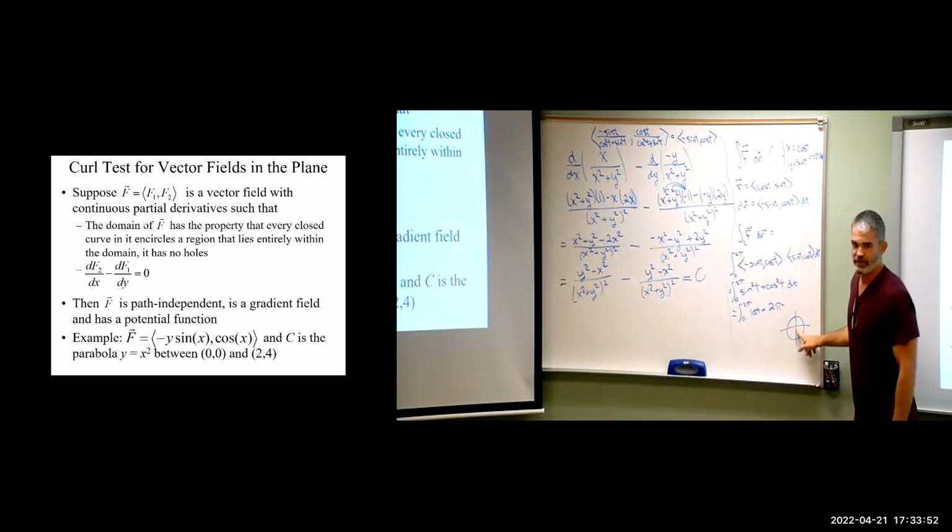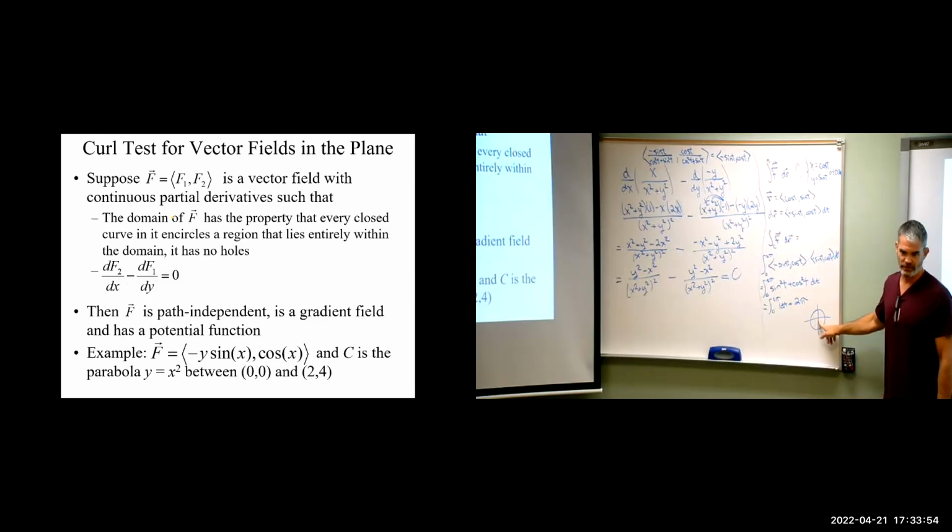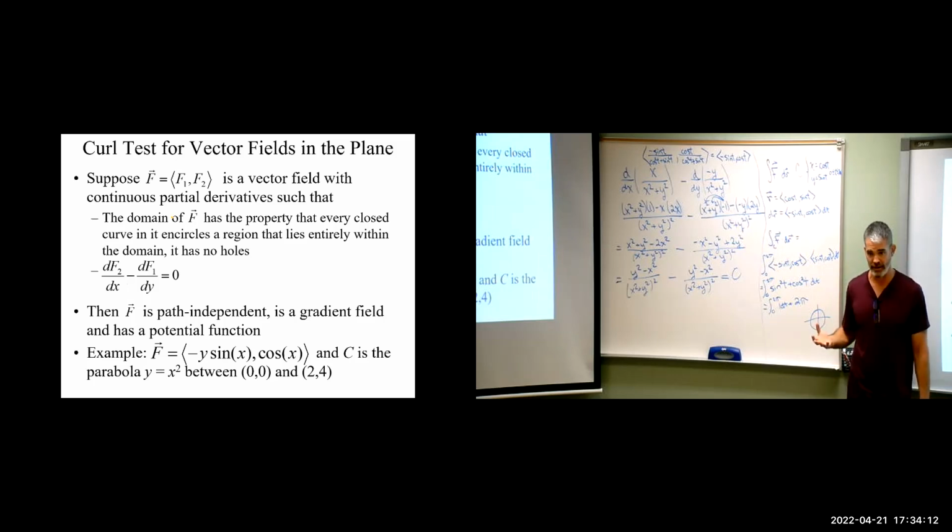And that is enclosed in our circle. And so that's why it doesn't work for this path. Outside of this path, if we did some other closed loops, we would have been okay. But anything that's going to go around 0, 0 is going to be a problem, because there's a hole there.